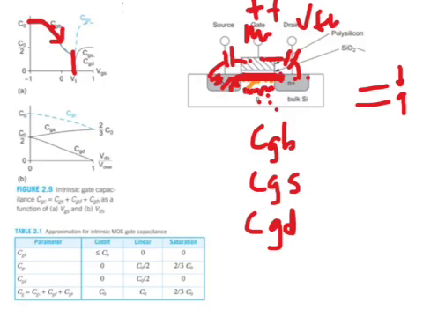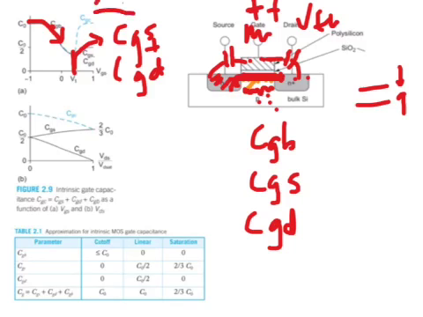So you see a gradual increase in the gate to source and the gate to drain capacitances, and the sum of both these capacitances form the gate to channel capacitance, and this gate to channel capacitance also tends to be equal to the initial CO.